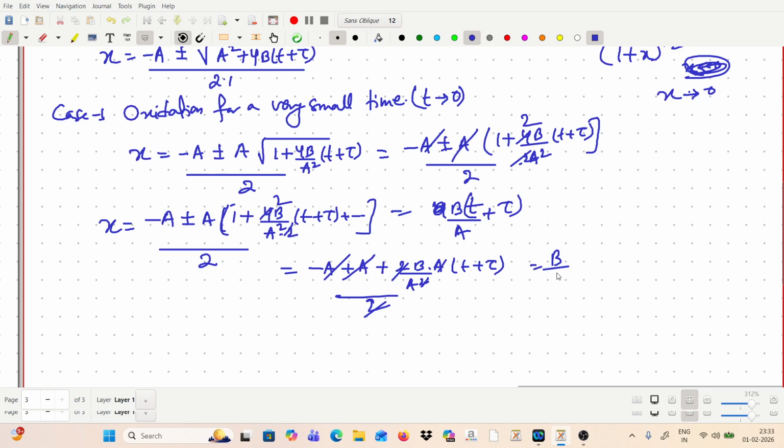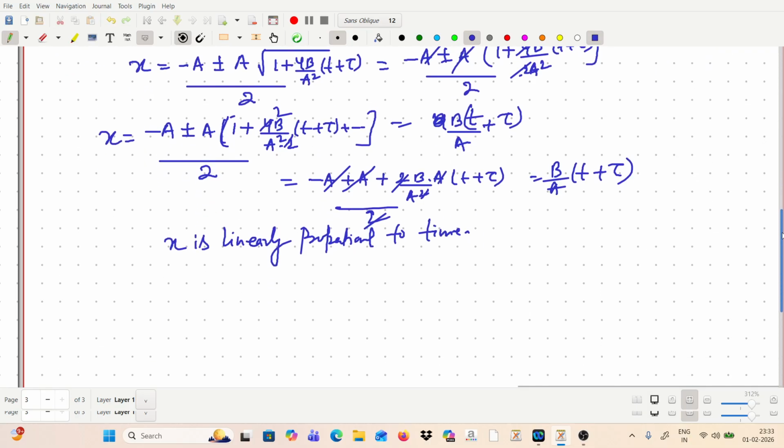Okay, b by a t plus tau. Simple one, where x is linearly proportional to time.